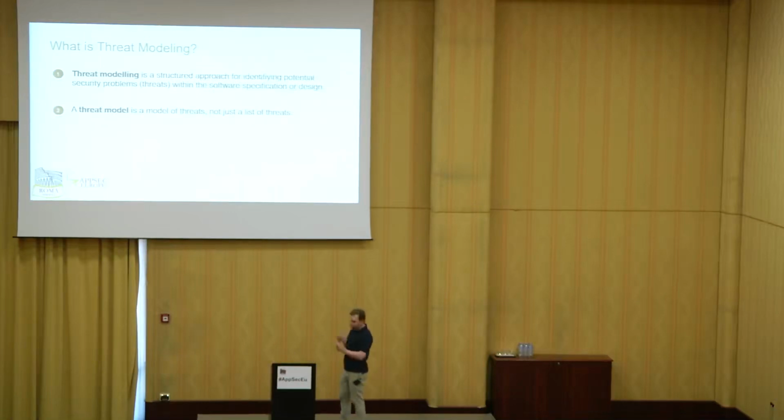You can model some sort of design and then say, okay, there are lots of threats that came out, but that's not really a threat model, right? If you just say your threat is sniffing the connection in that application, it's not a model of threats. It's just one threat or a list of threats.